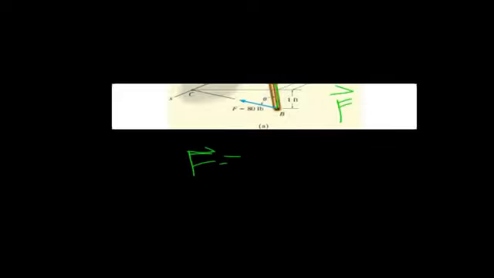It's going to be the magnitude of F, which is 80. Let's just write 80 times some direction, let's just call it the unit vector, some direction. Let's call it x for now. Let's change color.